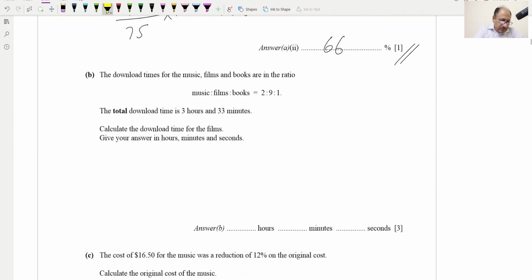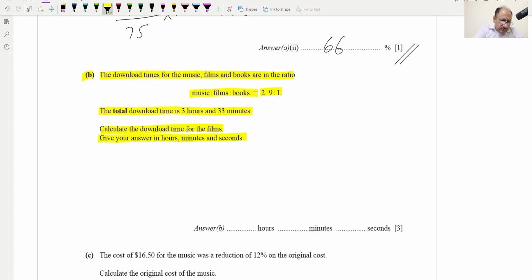B part says the download times for music, films, and books are in the ratio 2:9:1. The total download time is 3 hours and 33 minutes. Calculate the download time for the films. Give your answer in hours, minutes, and seconds.